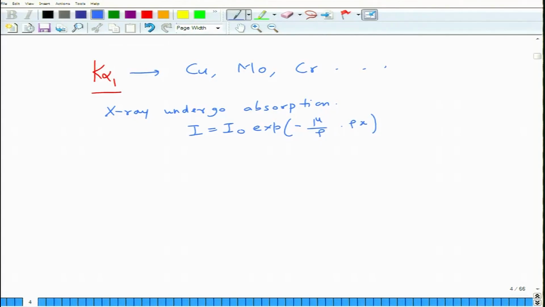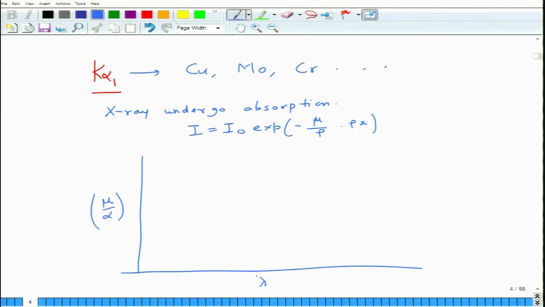This is the mass absorption coefficient, mu by rho. So if you plot the mass absorption coefficient as a function of wavelength, then typically it shows behavior which is like this.